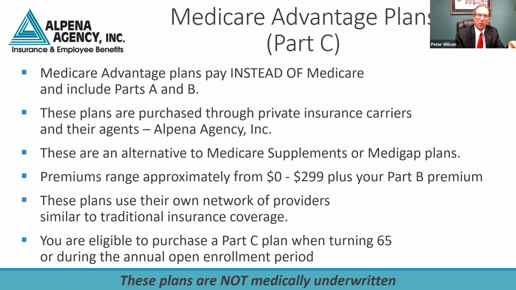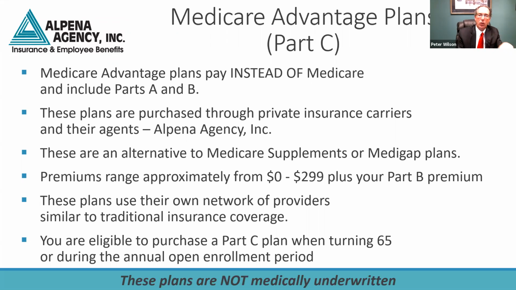You're eligible to purchase this Advantage plan when you turn 65, or right now during open enrollment. So right now in open enrollment until December 7th is when you can buy these Advantage plans. And if you don't take advantage of it during this open enrollment period, you have to wait another year.